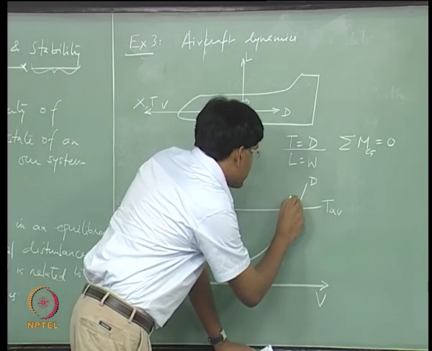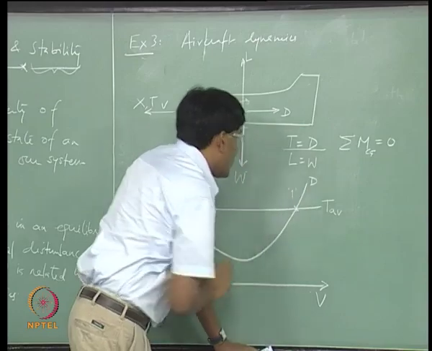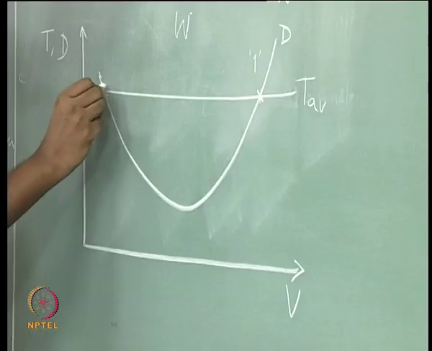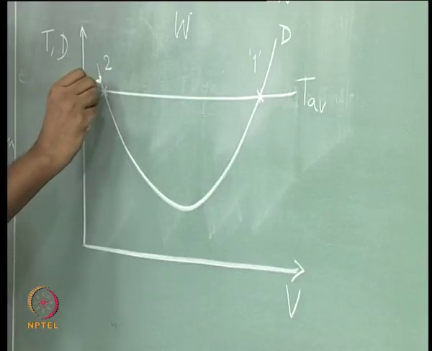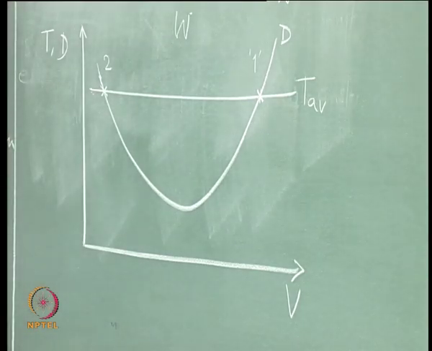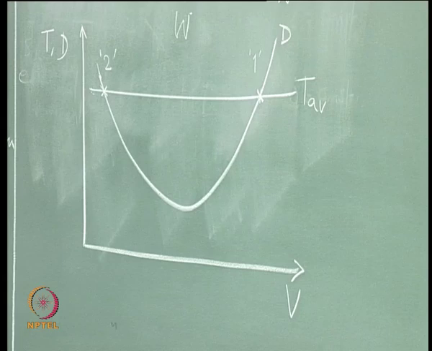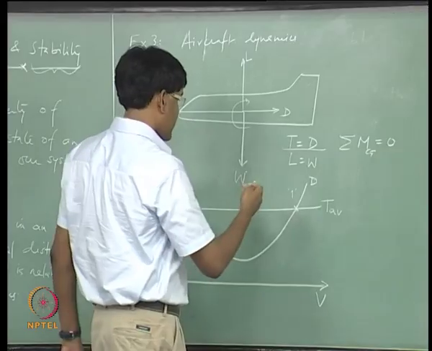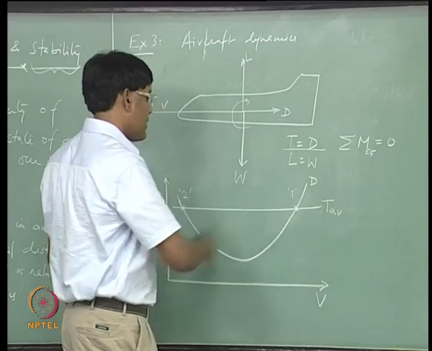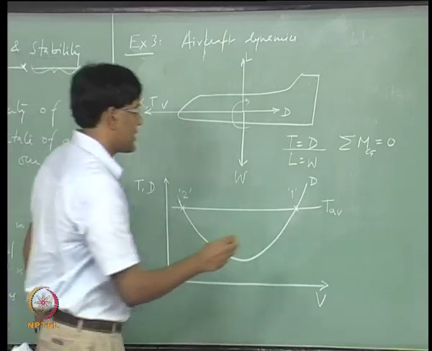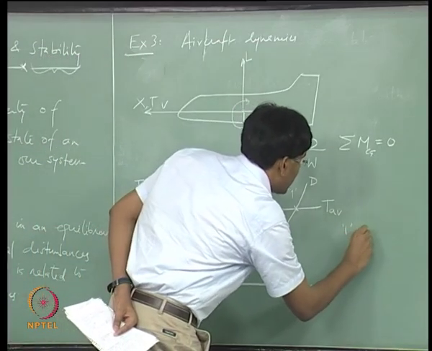So, this is equilibrium state 1, and the other equilibrium state is here, which we will mark as 2. Now, let us try to look at the stability properties of these two equilibrium states, 1 and 2.